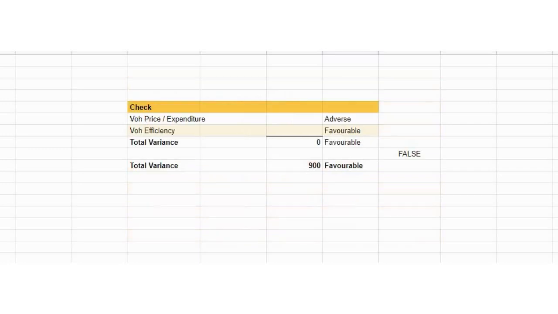And it's always good to check. The total variance we know was £900 favourable. That was made up of a £1,300 adverse price or expenditure variance, and a £2,200 favourable efficiency variance, giving £900 favourable. So we know that the variance calculations match the total variance.